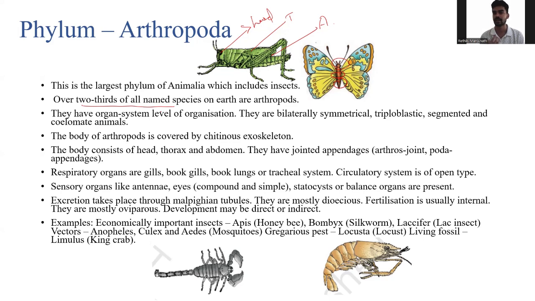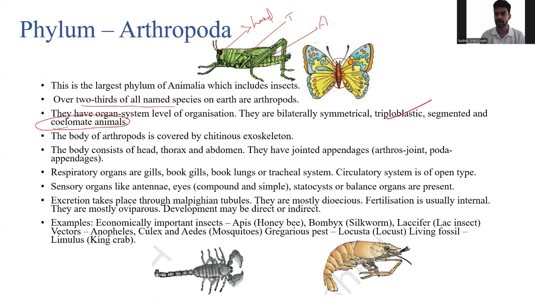They have an organ system level of organization, with well-developed digestive, respiratory, and nervous systems. They are bilaterally symmetrical; you can divide them into equal left and right halves by passing a plane through the center. They show triploblastic organization, they are segmented as I have explained, and they are coelomate animals. They have a coelom.